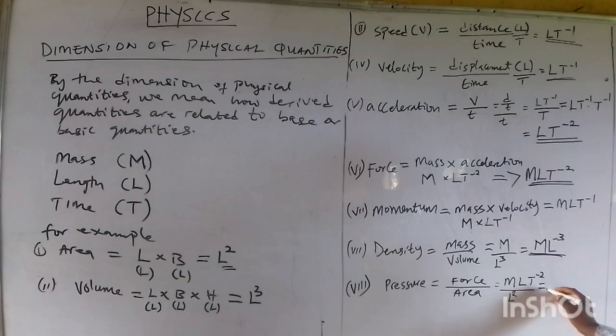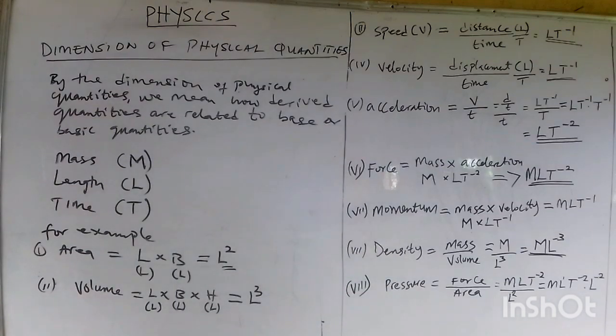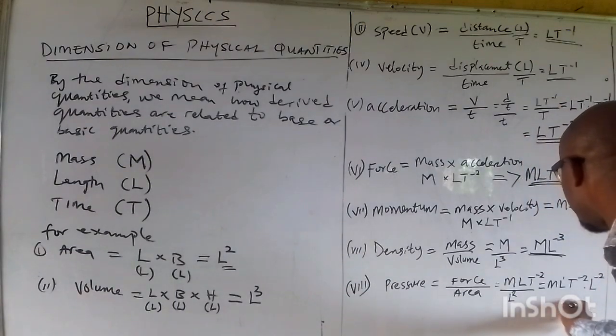If we bring it up, we now have M L. Remember, this L is raised to power 1. It's still raised to power 1. Then T is raised to power minus 2. Dot this L here, if it comes up, it becomes minus 2. Now, we bring it together.